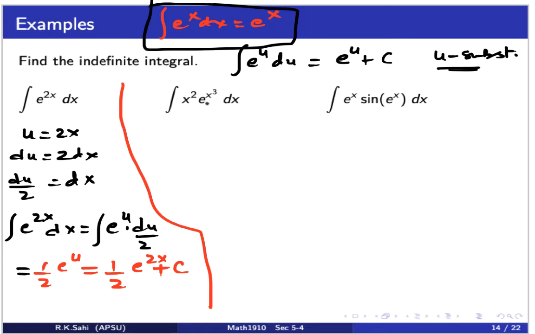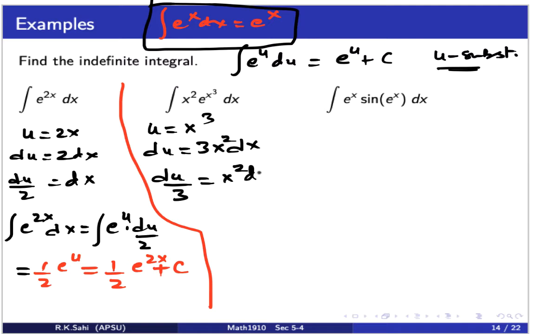Notice that the differential of x cubed is x squared. So you can say, hey, u is x cubed. So du is 3x squared dx. Every time you see a scenario where you don't see the normal integrals, always think in terms of u substitution first. Then du over 3 is x squared dx. So the original problem, x squared dx, is now going to be du over 3.